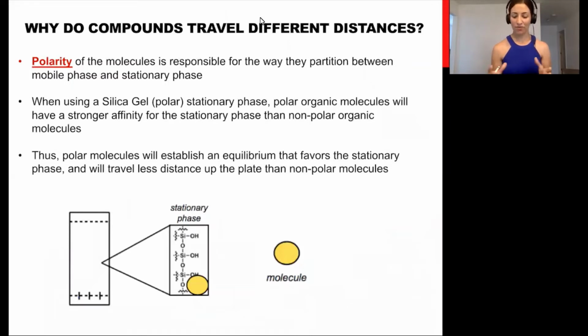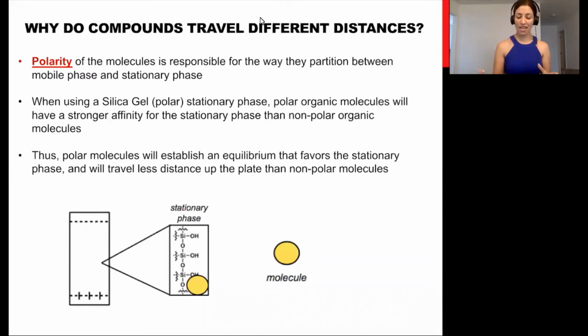Okay. So we define polarity as an uneven distribution of electron density within a molecule. So you've learned about different polar functional groups, and we'll take a look at how we can use our knowledge of those functional groups to predict something about the way a molecule will behave in a TLC system.